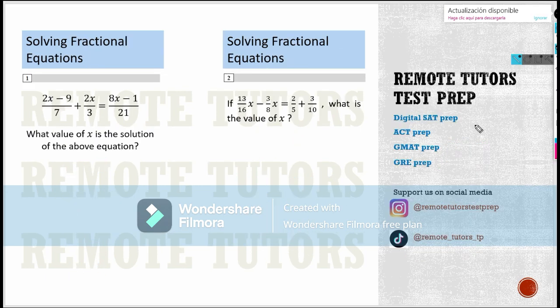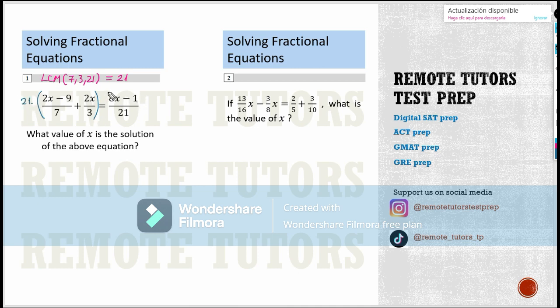In order to solve a fractional equation, first we need to get rid of the denominators, so the first step will be to find the least common multiple of 7, 3, and 21. That gives 21. And the next move will be to multiply both sides by 21.